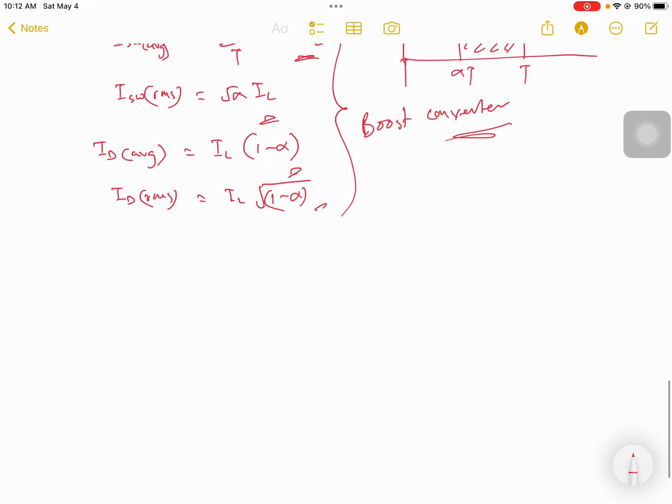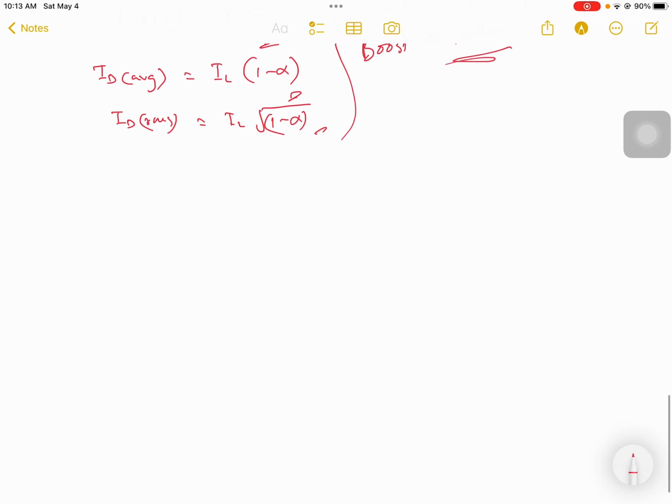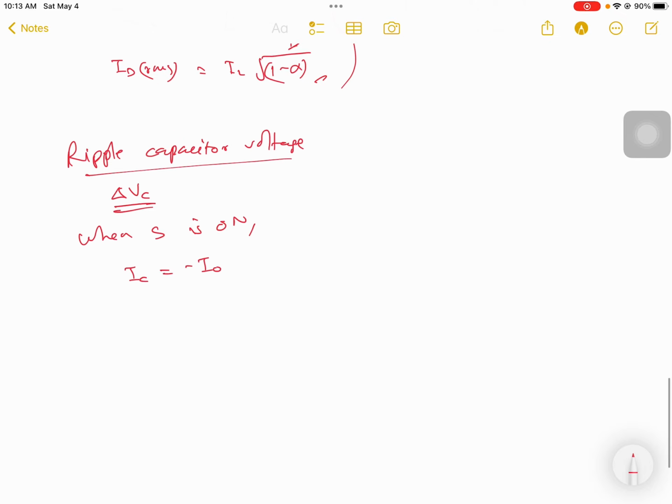And we have to also calculate the ripple capacitor voltage. This is the target that we are looking for. When S is on, we have seen that the capacitor current is equal to the negative of the load current.